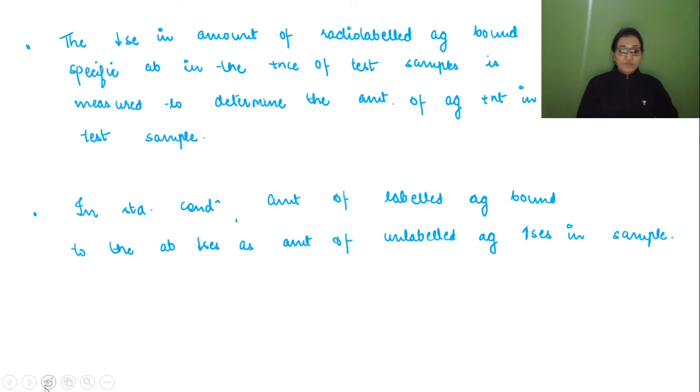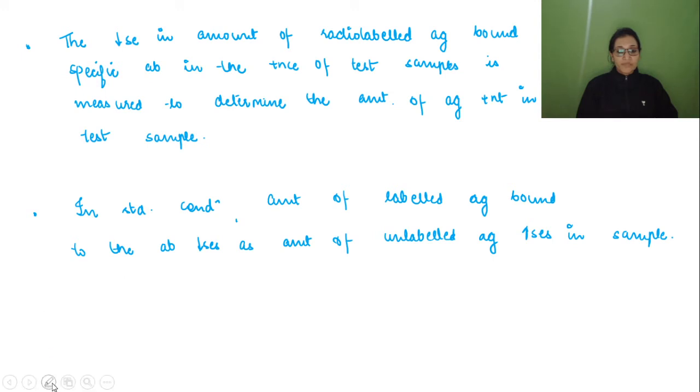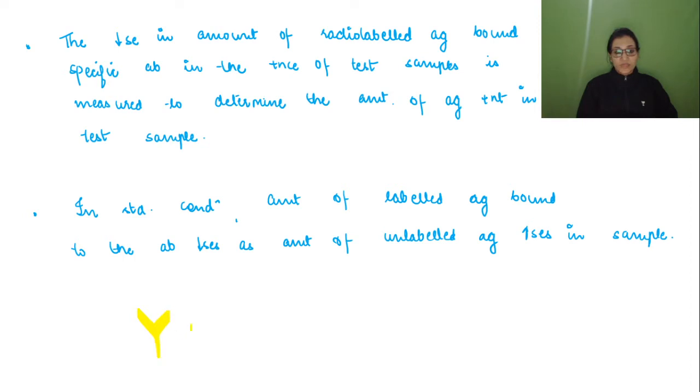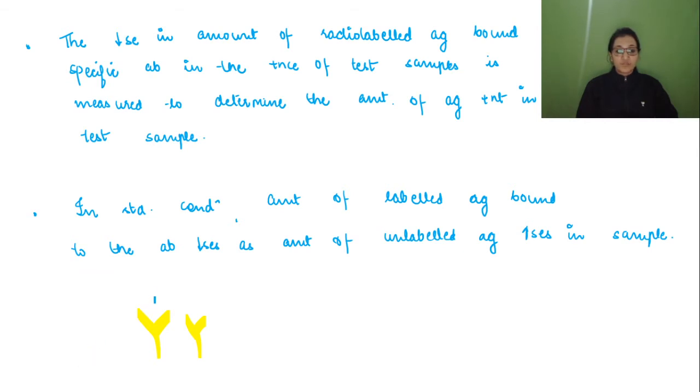See, we are going to draw a picture for this. We'll take the highlighter. These are the antibodies, and to these antibodies there will be joining of the labeled antigen. This is how they are going to look.